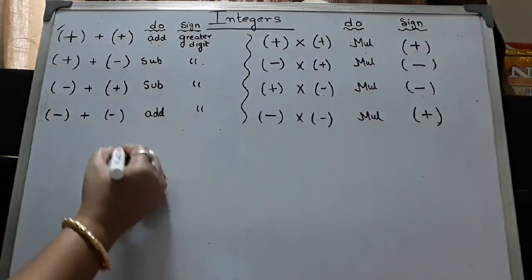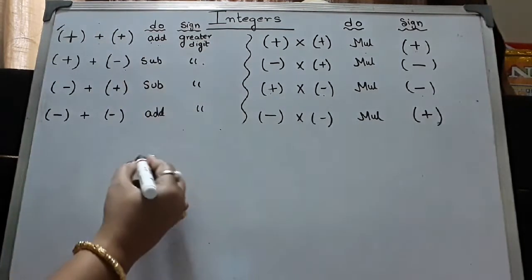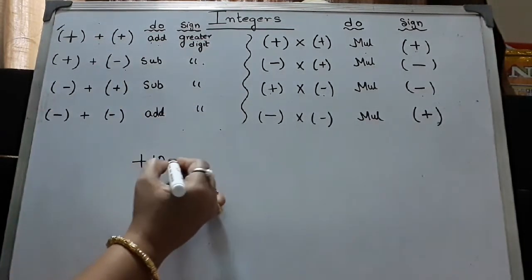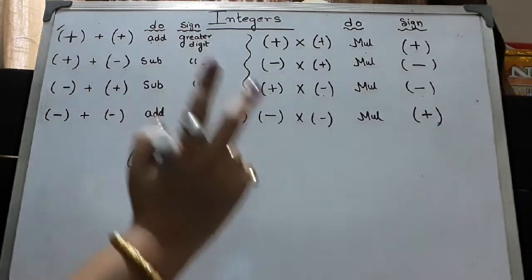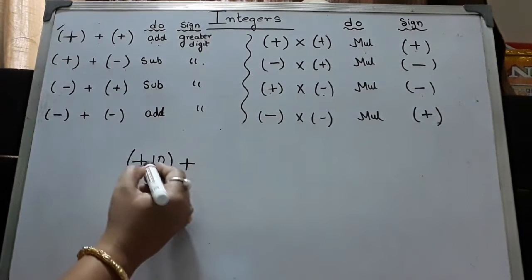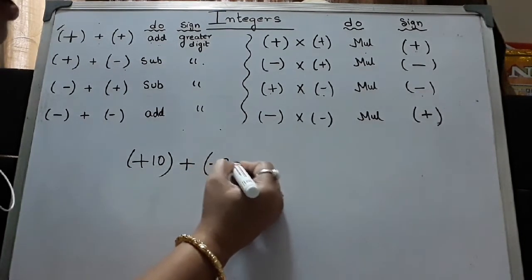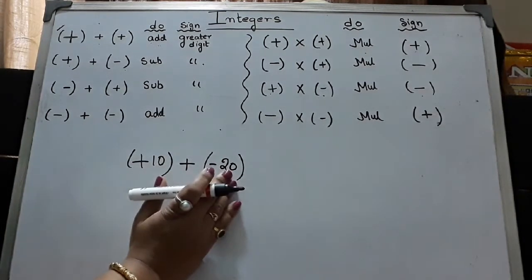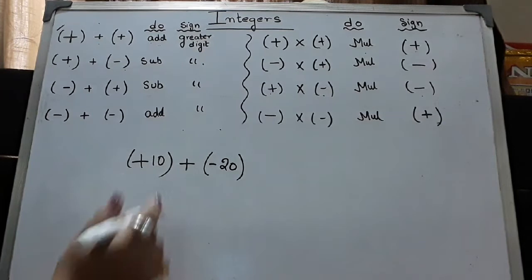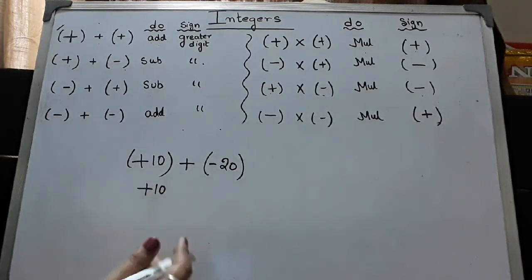Okay. Now, plus minus, you have to do subtraction. So, plus 10, add 2 integers. One integer is 10, another integer is minus 20. So, one is positive integer, one is negative integer. How to add this? I will first open the bracket.